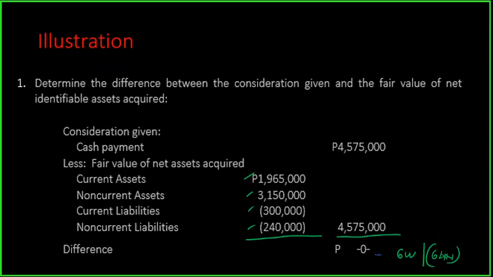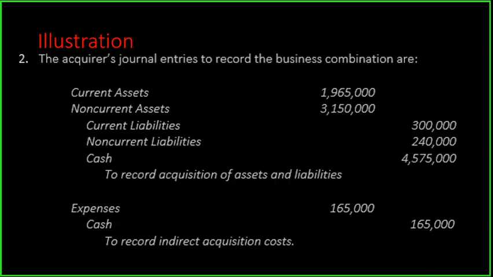If you are asked to show the journal entries in the books of the acquirer, you're going to record the assets at their fair market values. Since there's no goodwill, you may proceed to the liabilities and then you credit the cash. And that's it. What about your business combination expenses?